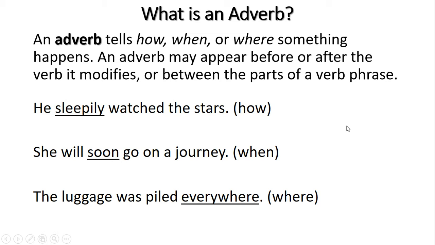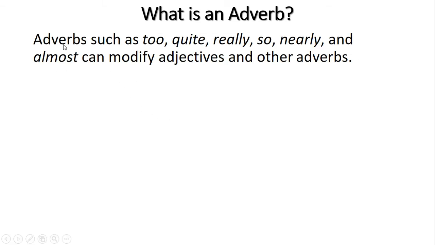Another tricky thing about adverbs is they don't always only modify verbs. There are some other adverbs too, like these, for example. Adverbs such as too, quite, really, so, nearly, and almost.